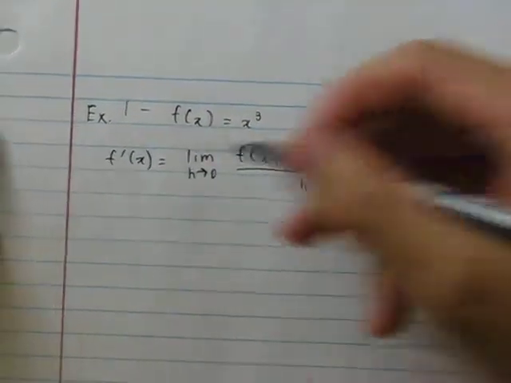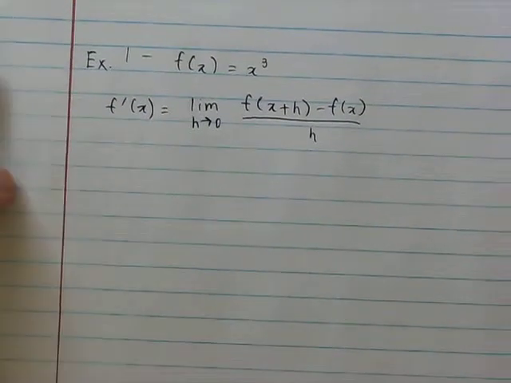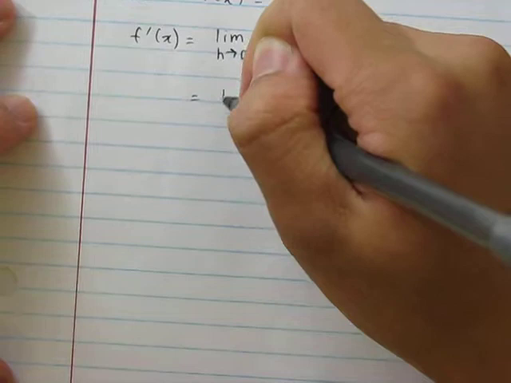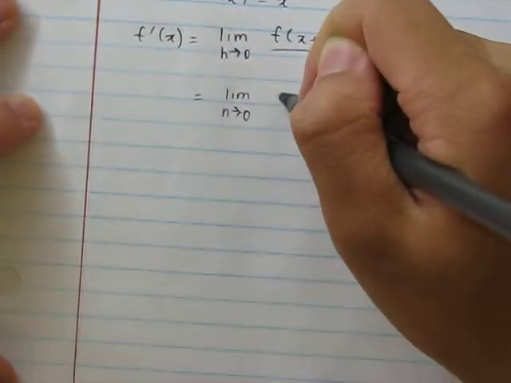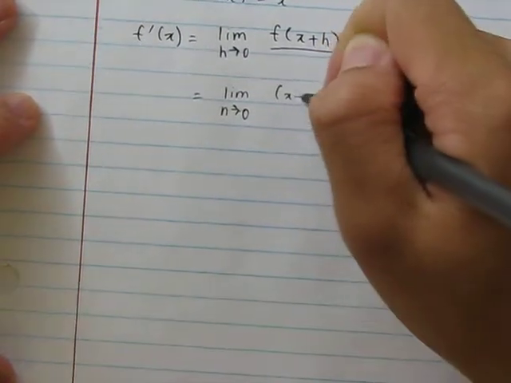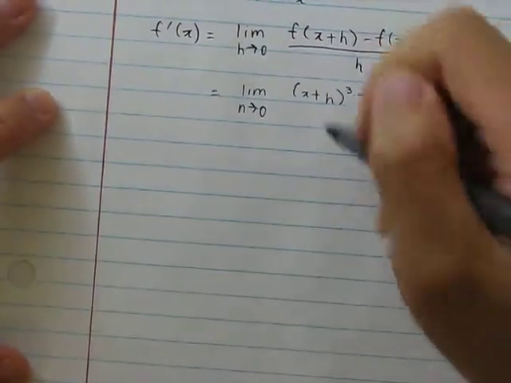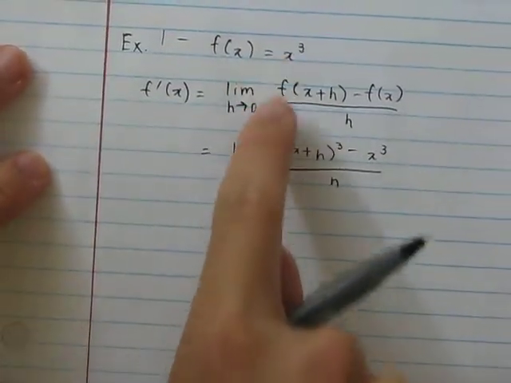And when you're doing homework, try to copy it once or twice, because you need to get the thing stuck in your head, right? And so now we make it case specific, and we do x plus h cubed minus x cubed, all of that over h, right? And the reason why we cubed it was because the function was x cubed, right?